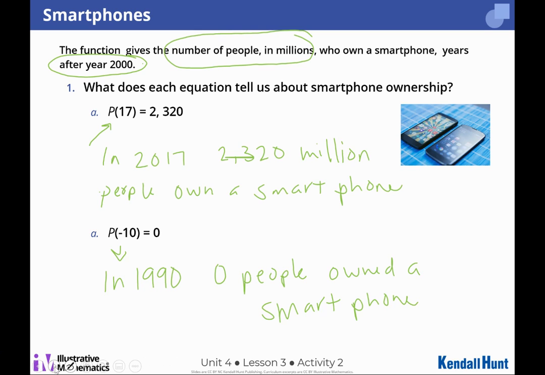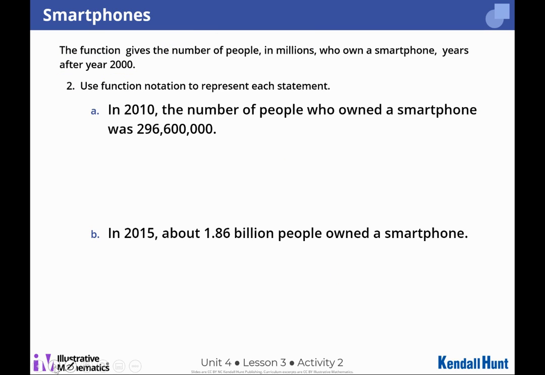All right, so like I said, the second part of the lesson was interpreting using function notation. Now we're going to go the other way and represent a statement using function notation. So we still have the number of people in millions, and the time is the years after year 2000. So for 2010, we would say F of 10, because 2010 is 10 years after 2000.